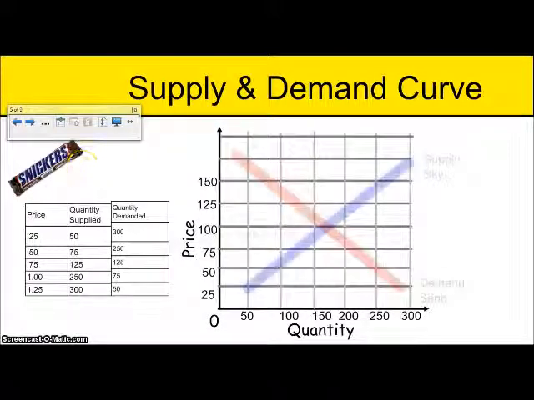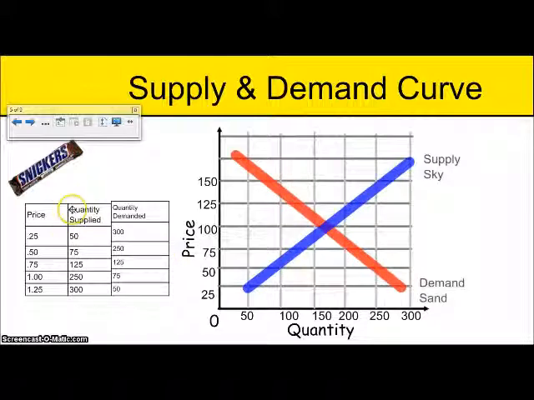All right, so we have our information in our supply and demand schedule, and we've plotted them on the graph here, and you can see that the supply line indicated in blue goes up, just like it should, supply to the sky, and our red line here is demand to the sand. So you can see how it reflects the quantities of both supplied and demanded.